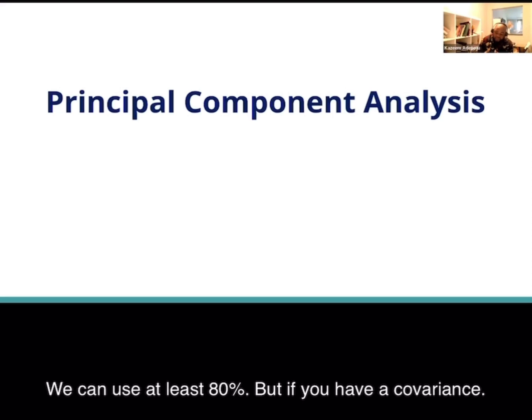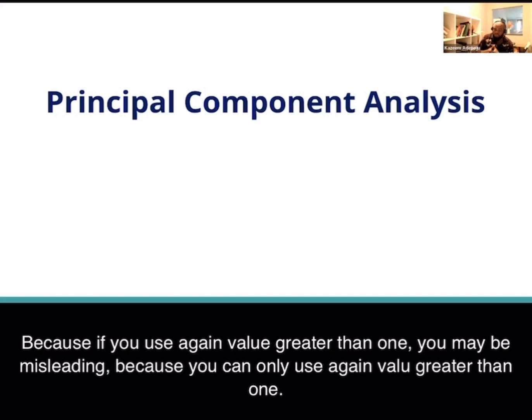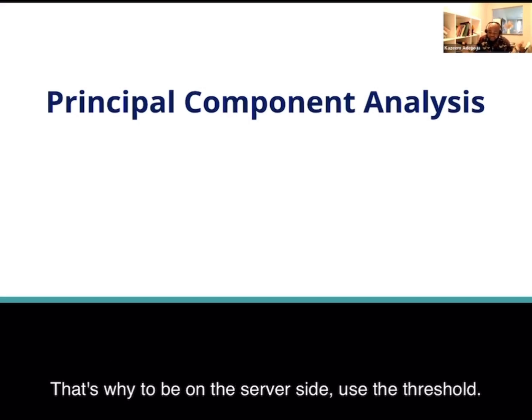But if you have a covariance, I advise that we use the 80% threshold, because if you use eigenvalue greater than 1, you may be misled. You can only use eigenvalue greater than 1 if your explanatory variables have the same scale, and you may not know whether they have the same scale. To be on the safer side, use the threshold of at least 80%.